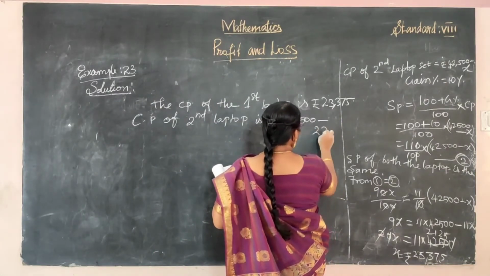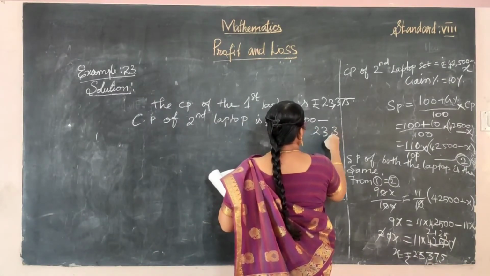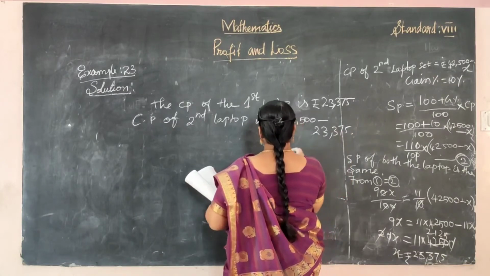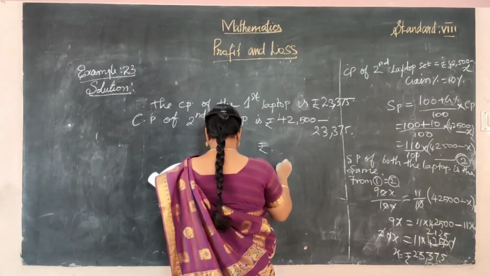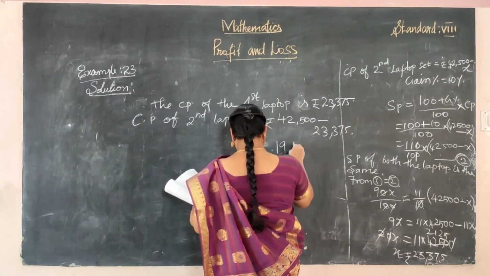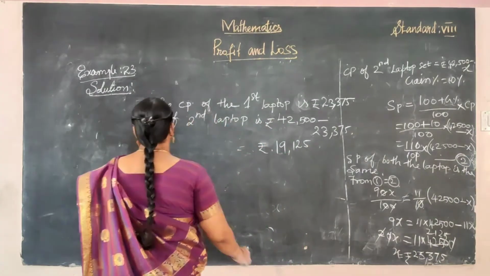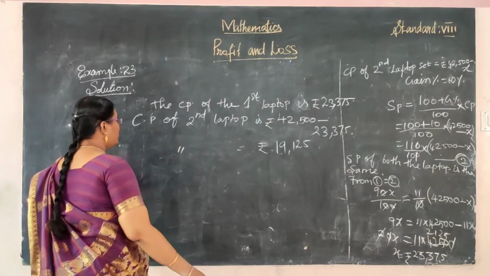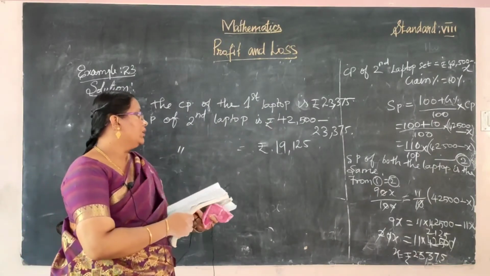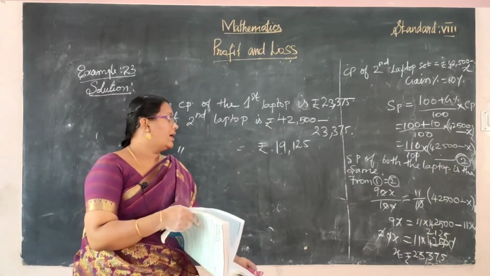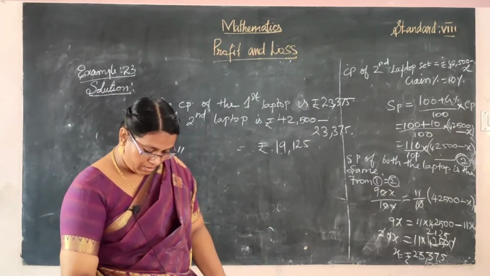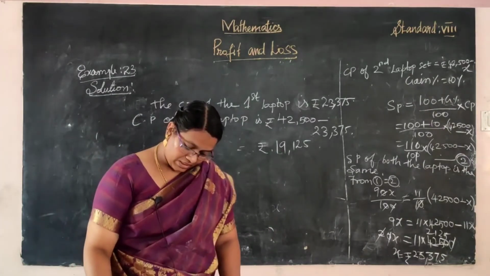X value is 23,375. Subtract, we get rupees 19,125. Okay. The cost price of second laptop is equal to rupees 19,125. Okay.